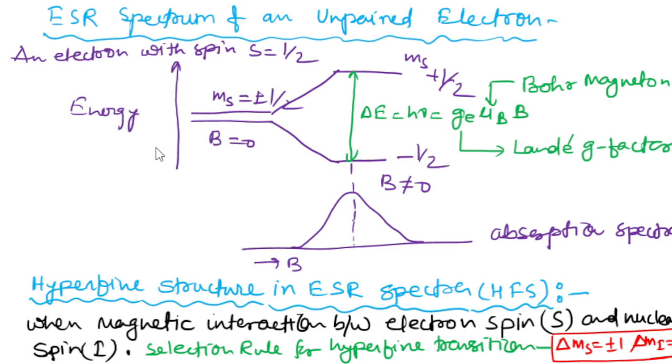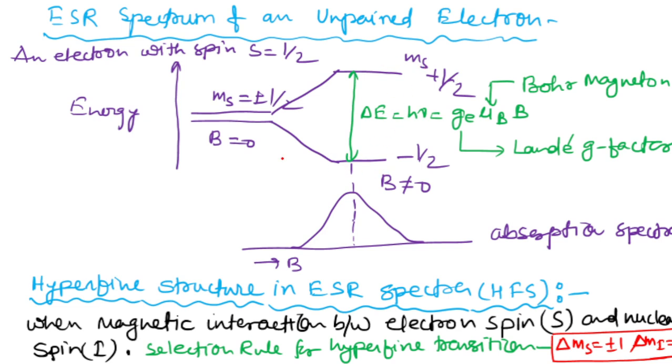This is the y-axis, the energy levels, and these are degenerate levels in the absence of a magnetic field, so it will not give any splitting. But when we apply the magnetic field, it gives splitting of the energy levels.